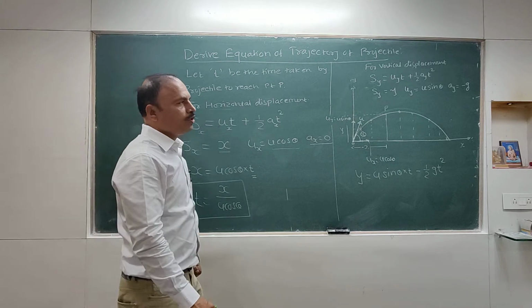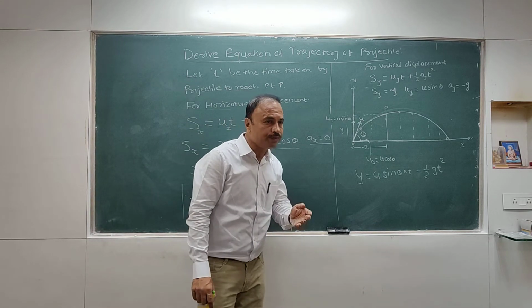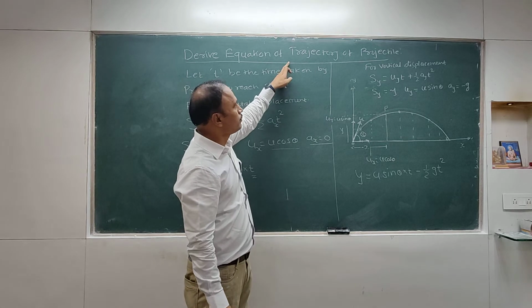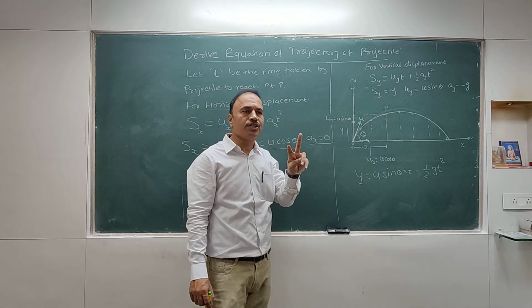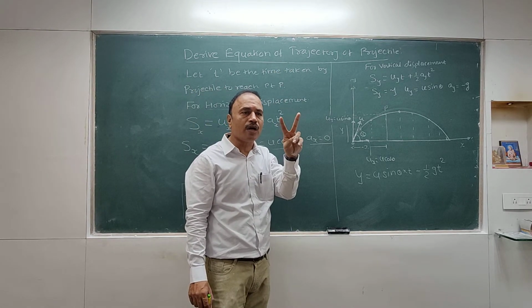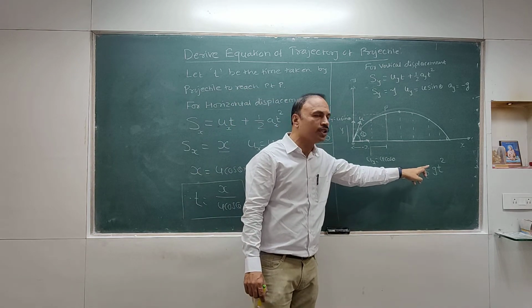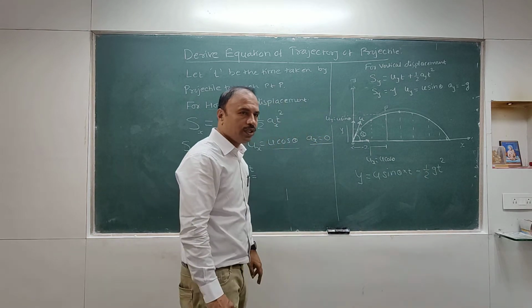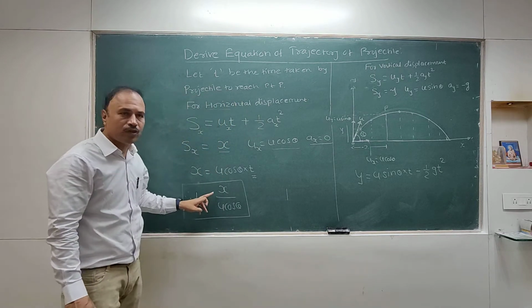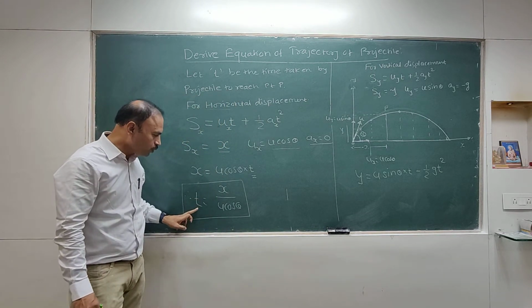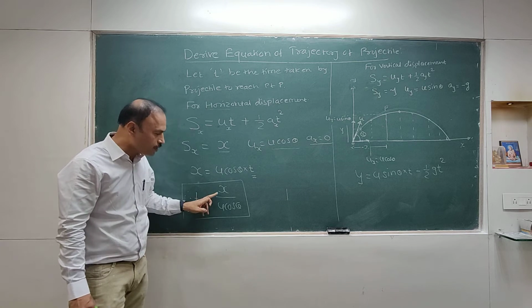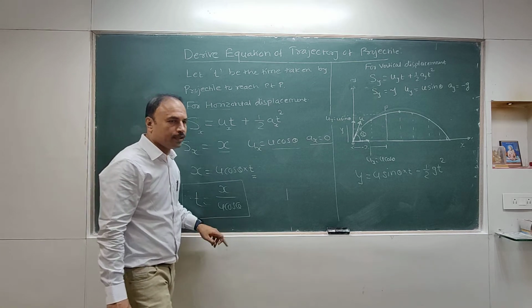Now we want to find the equation, which is the relation between x and y coordinates. Now we want to eliminate this t, and we will eliminate t in terms of x. So put t as x upon u cos theta.